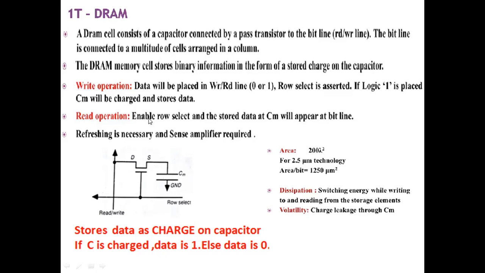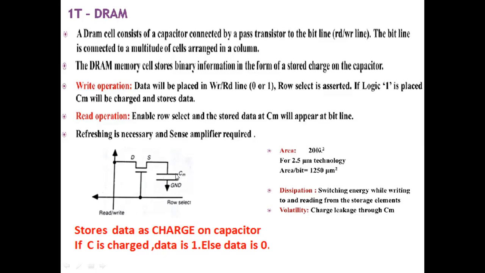For the read operation, I just enable the row select line, and the stored data on the capacitor will appear at the bit line. Here refreshing is necessary, and sense amplifiers are required if I go for this 1 transistor dynamic RAM cell. Why?